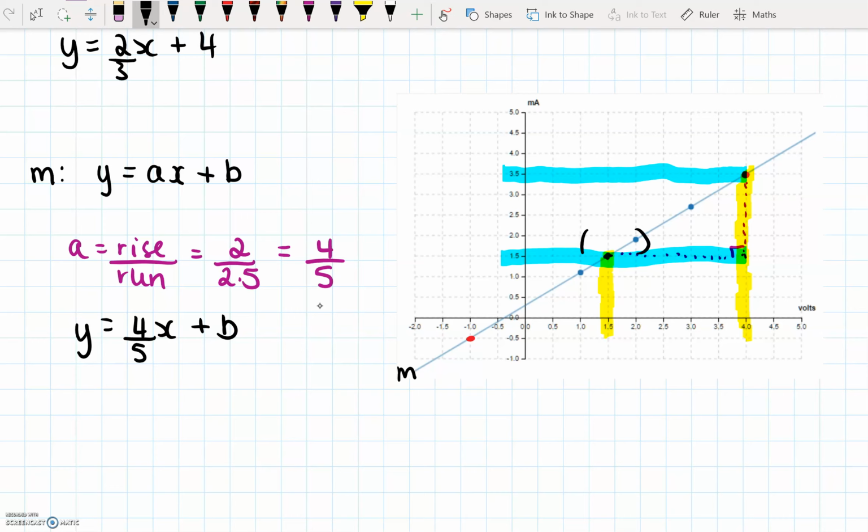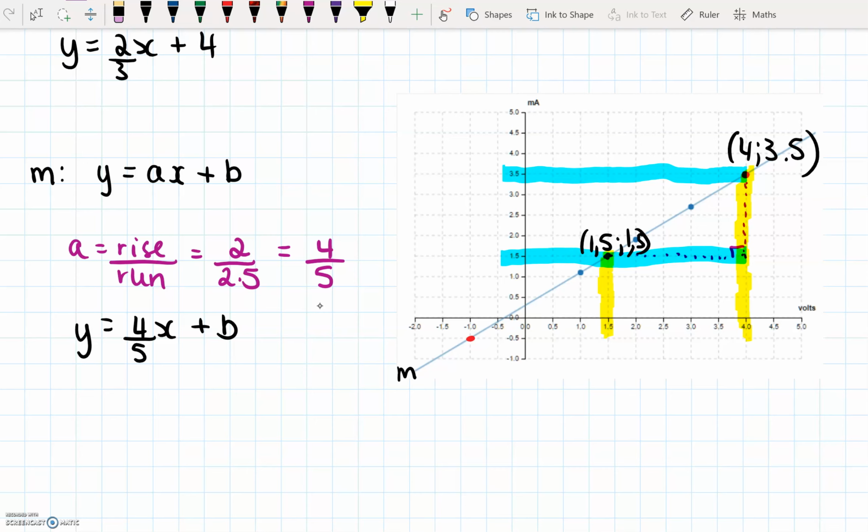So this point here is 1.5, 1.5, or we have 4, 3.5. Okay, so these are our two options. We have 1.5, 1.5, or 4, 3.5.